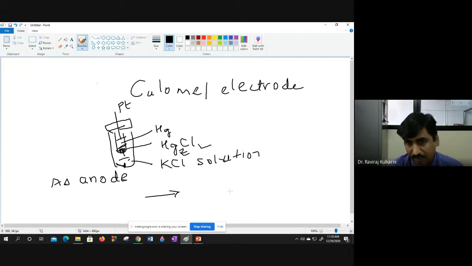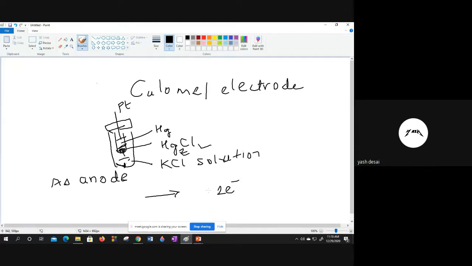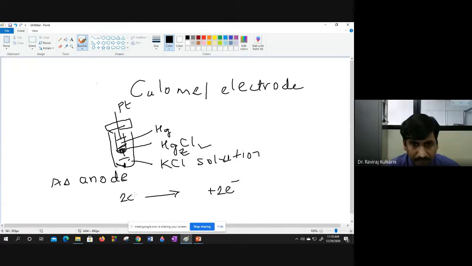If it behaves as anode, what should I write here? Whenever I say anode, you have to write electrons on the right hand side. Two Cl minus ions just to compensate these two electrons.